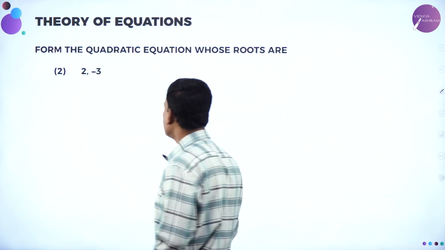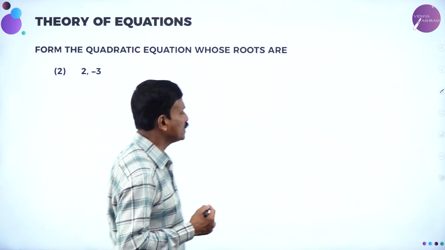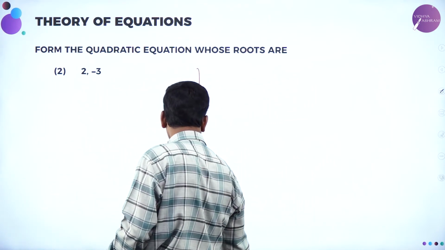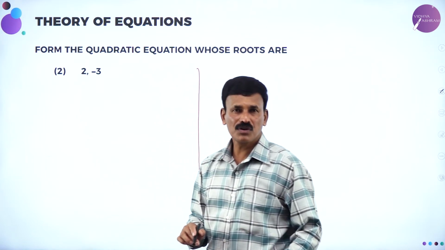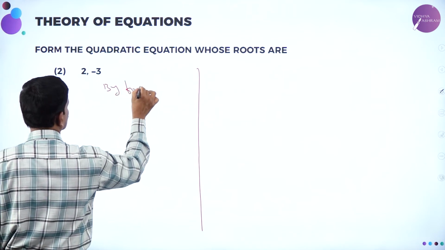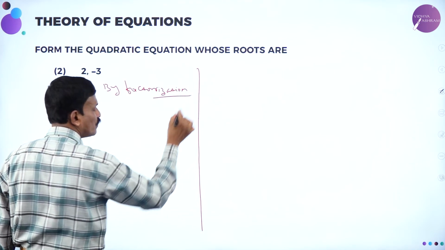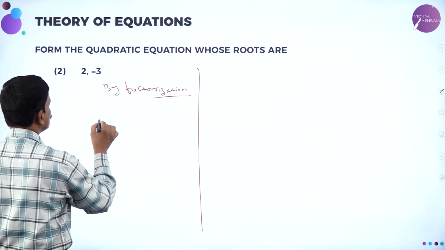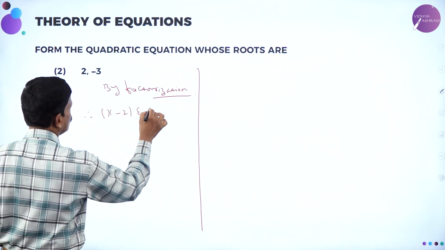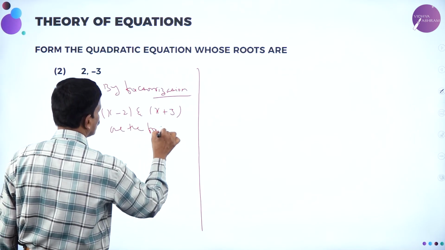So let us take one more problem. Now what is the problem given? Form the quadratic equation whose roots are given. Let us solve by both the methods. One is factorization method, another one is by formula method. By factorization method, here 2 and minus 3 are the roots, therefore x minus 2 and x plus 3 are the factors.